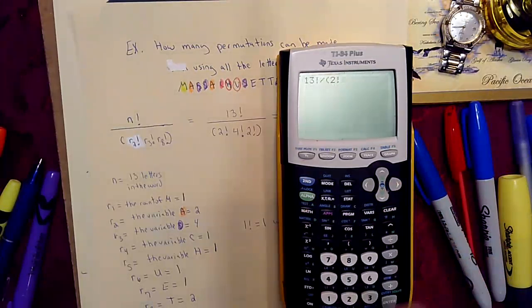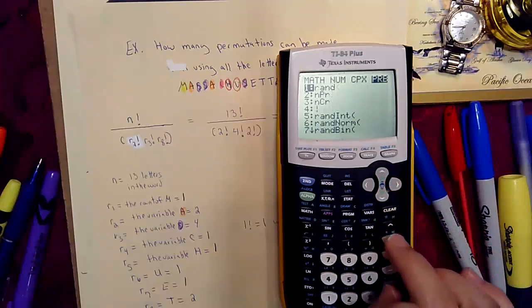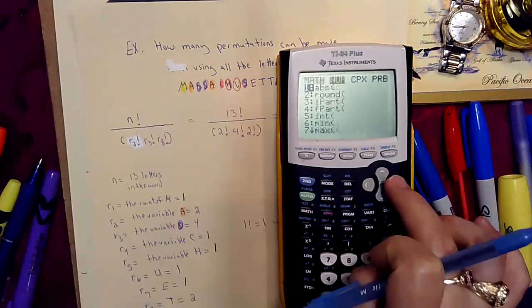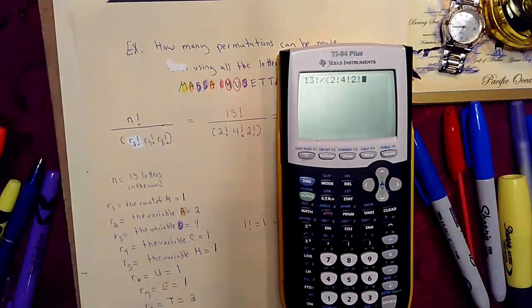And then I don't even have to do times, it's implied. 4 math probability factorial, and then times 2 math probability 4, and then close parenthesis, and then enter.